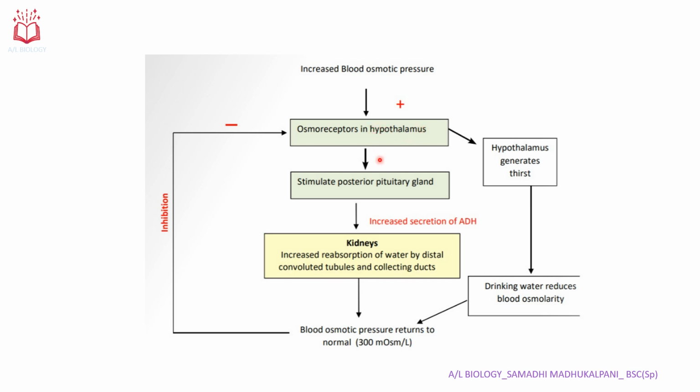It gives a signal to stimulate the posterior pituitary gland, and this increases the secretion of antidiuretic hormone. This acts on the kidneys. Then the kidneys increase the reabsorption of water by distal convoluted tubules and collecting ducts.